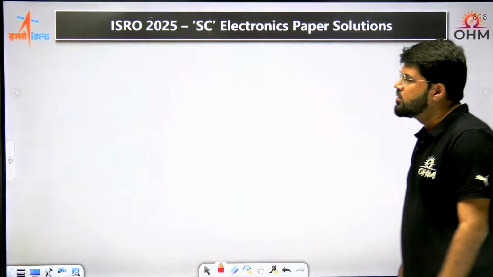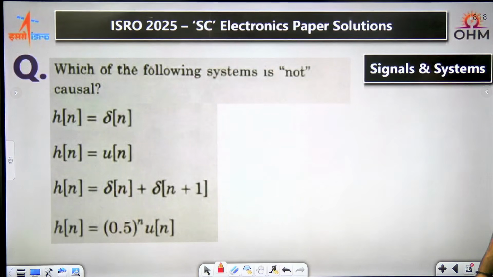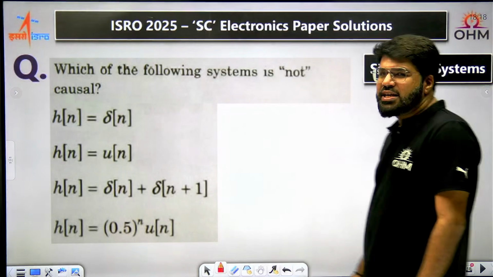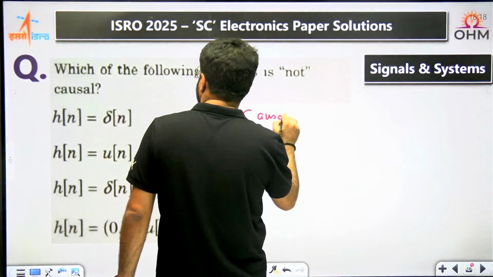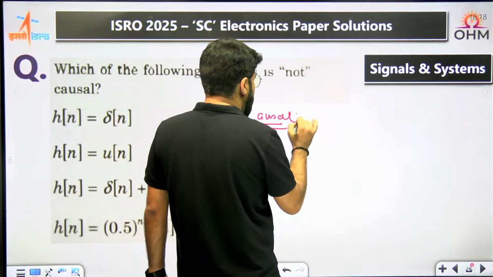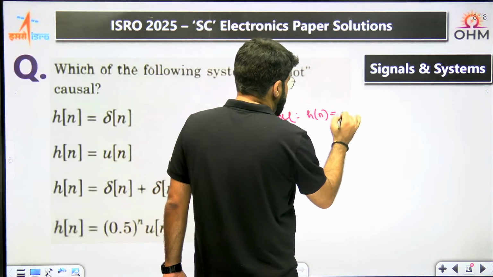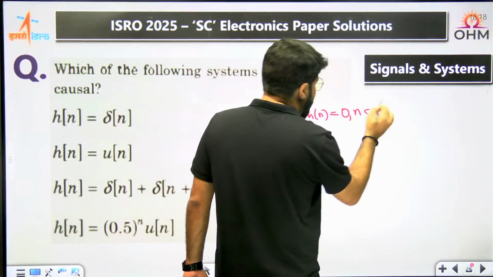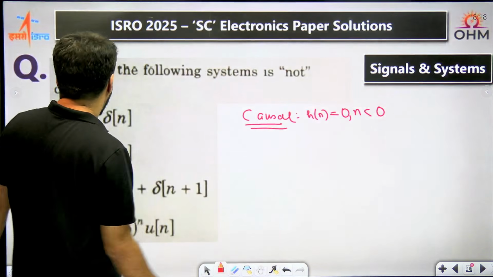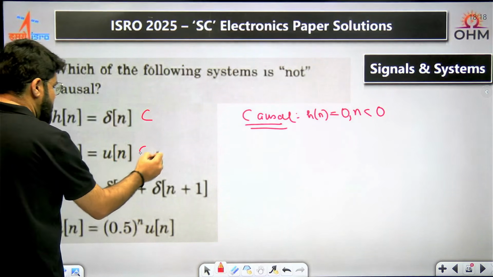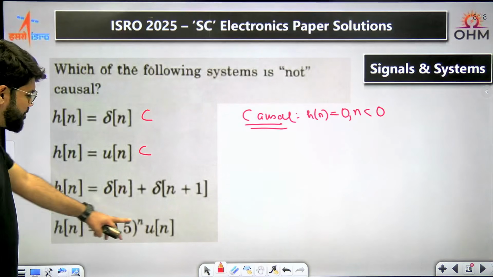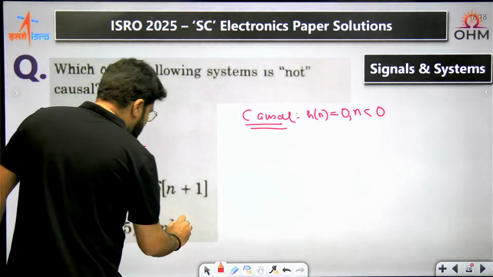Which of the following systems is not causal? h[n] is given. For a system having some impulse response h[n] to be causal, h[n] must be 0 for n less than 0. It should not go to the left of origin. An impulse at origin is causal. Unit step, n greater than or equal to 0, causal. 0.5^n u[n], anything multiplied by u[n] will start from origin and go right.